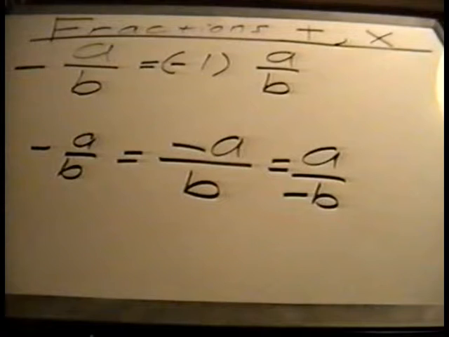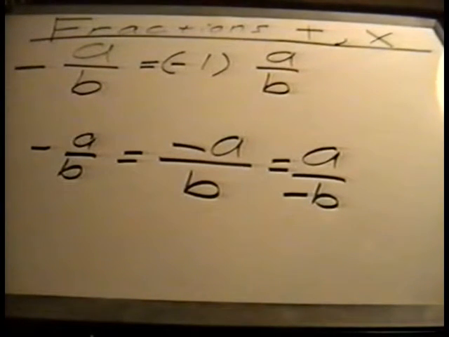Here, the lowest common denominator is 14. So we're going to multiply 7 by 2 and 2 by 7.